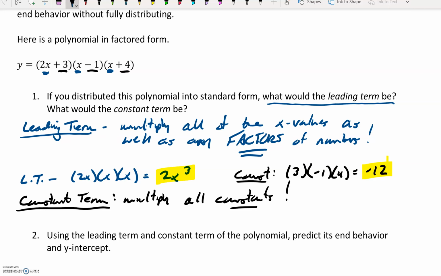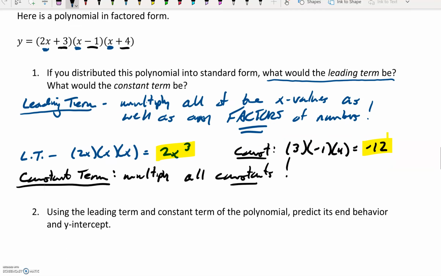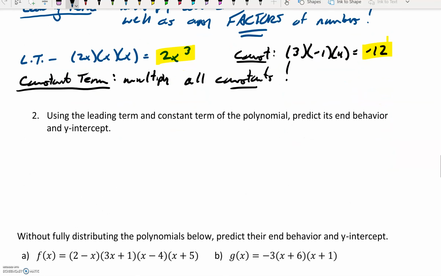Now, we're going to use the leading term and the constant to find the end behavior and the y-intercept. So remember, in order to do that, we need to first identify what is the degree of my function and what is the leading coefficient of my function. So the degree of this function is going to be a 3 because my leading term will be cubic, and my leading coefficient is going to be a 2.